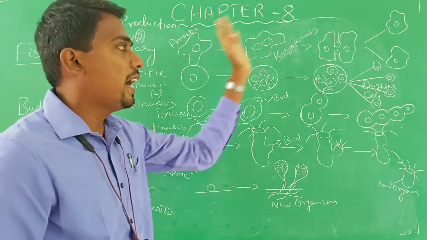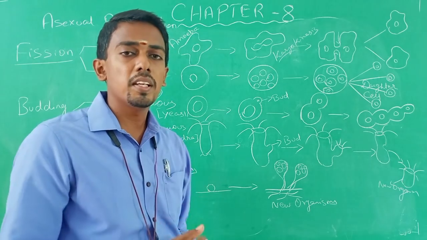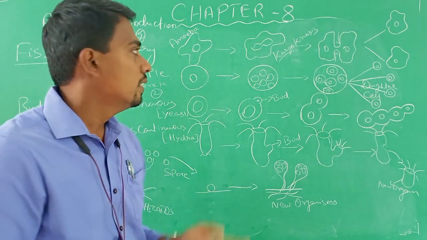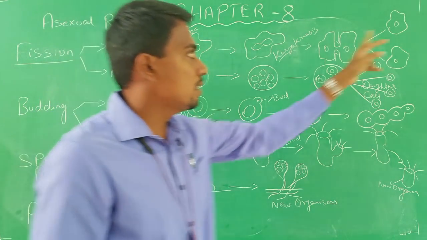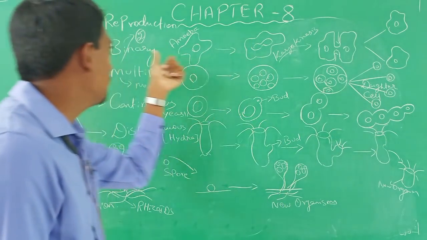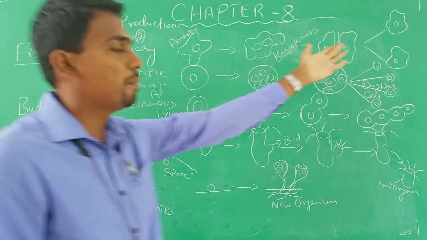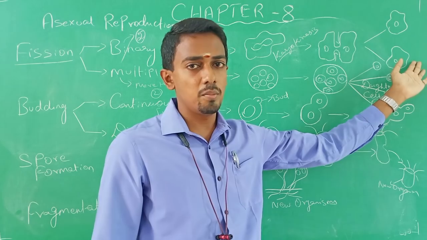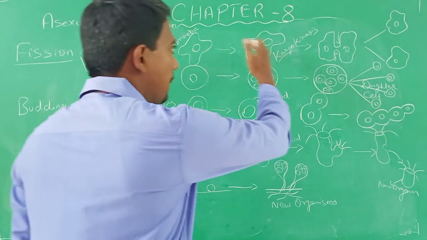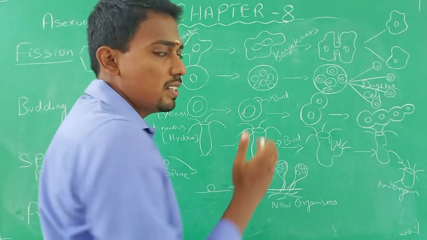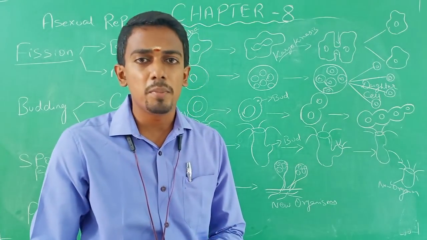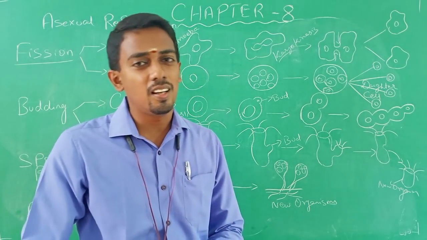So the parental identity is completely lost. Can you tell which one is the parent amoeba and which one is the daughter? No, you can't tell that. Why? Because they are exactly identical. That is the reason some texts say that amoeba is an immortal organism.